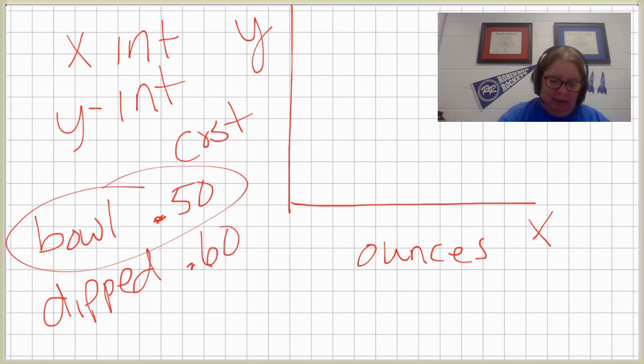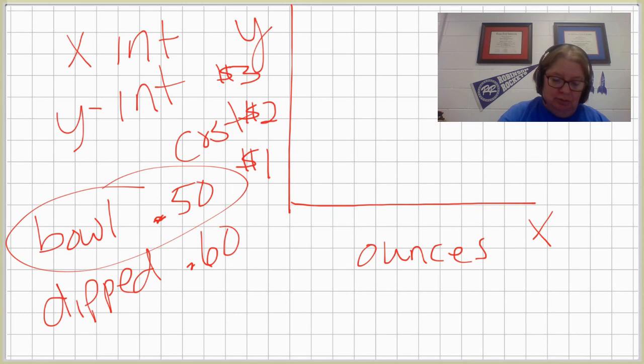So if I chose a regular bowl, at 0 ounces, just the bowl is going to cost 50 cents, right? What if we make this $1, $2? So I'm going up, every line is 50 cents. $3.